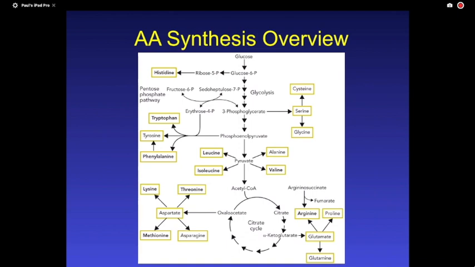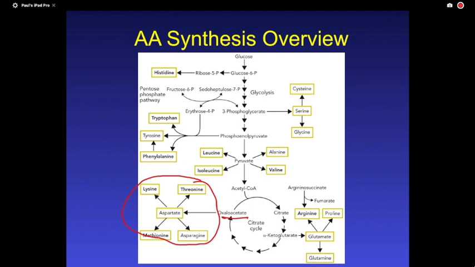All right, amino acid synthesis overview. Oh my goodness gracious. There is a lot of synthesis going on here. What you need to know from this is which amino acid fits into the starting point of a pathway. And so this group right here comes from oxaloacetate.